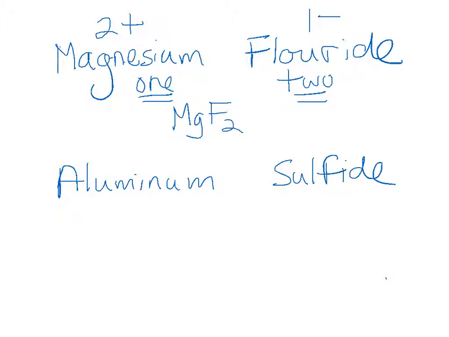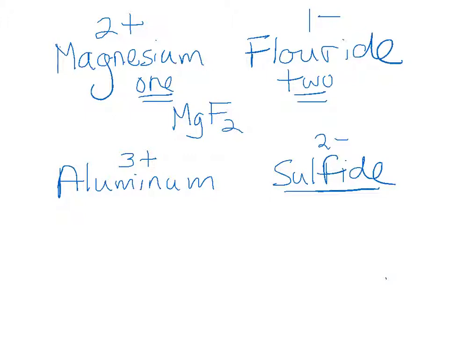Since it's in group 3, the charge is 3+. Sulfide, on the other hand, is a nonmetal, so it has a negative charge. It's in group 6 or 16, and so the charge of sulfide is 2- because it needs 2 more electrons to become like a noble gas.